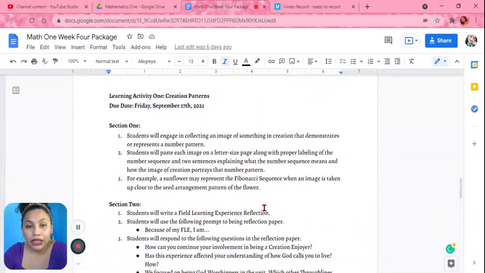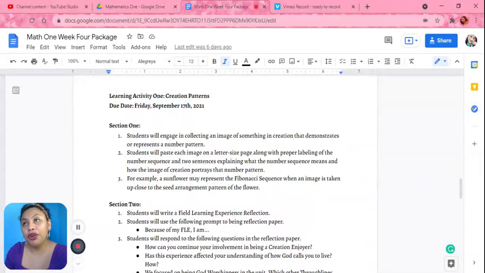Now, the first activity is entitled creation patterns. It has two parts, so you have to be very careful in doing the assignment completely. The first part says students will collect an image of something in creation that demonstrates or represents number patterns.